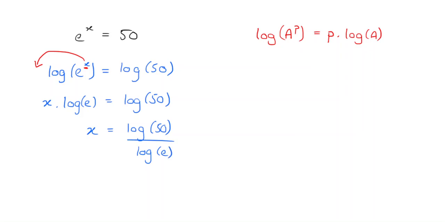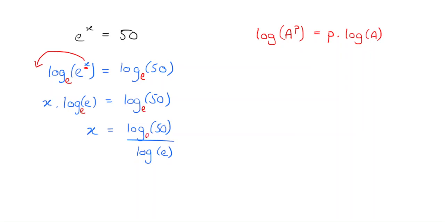Now, when we were doing logarithms previously, we were using logs with all different kinds of bases, but typically base 10. But actually, we can use any base, and in this particular case, using base e will be the most sensible. So let's introduce that. The logs we're going to use here are base e. So log base e to the x, log base e 50, log base e here.